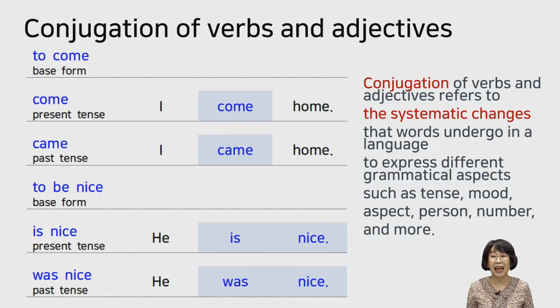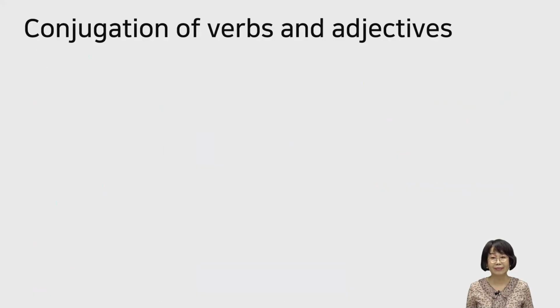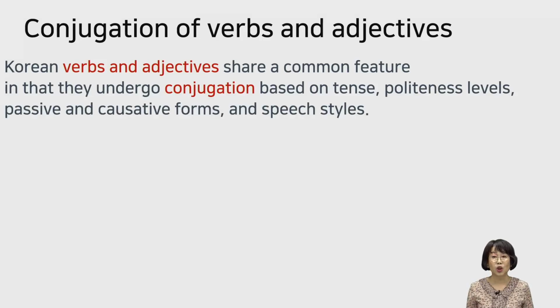Conjugation of verbs and adjectives refers to the systematic changes that words undergo in a language to express different grammatical aspects such as tense, mood, aspect, person, number, and more. Korean verbs and adjectives share a common feature in that they undergo conjugation based on tense, politeness levels, passive and causative forms, and speech styles.